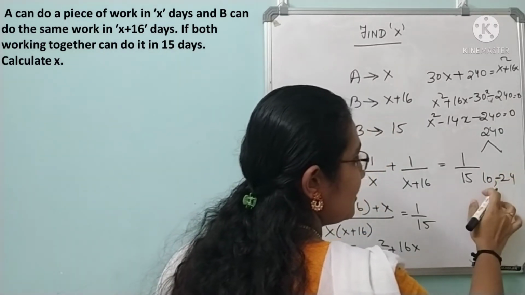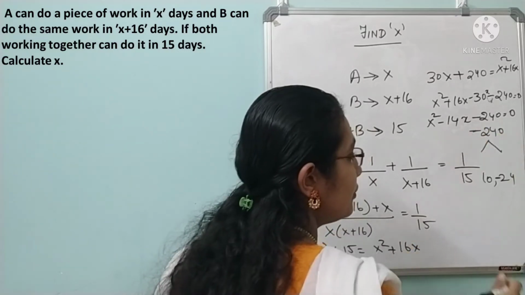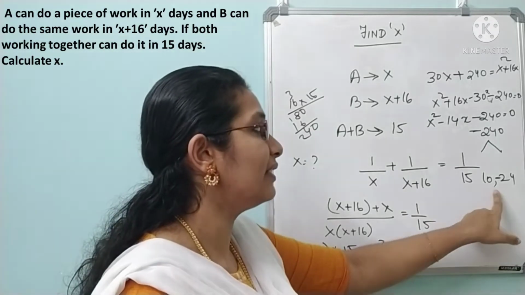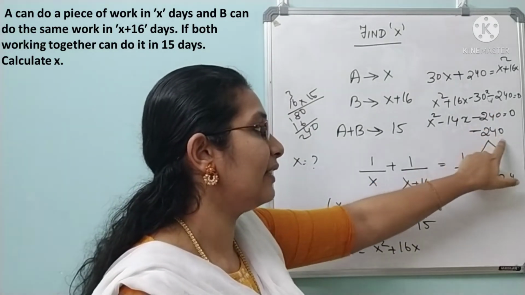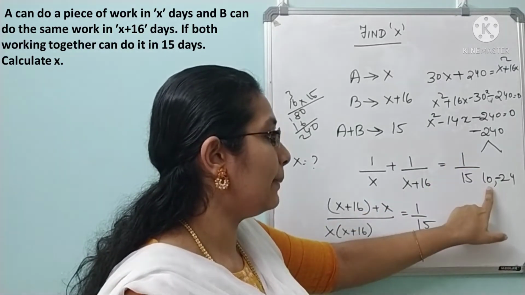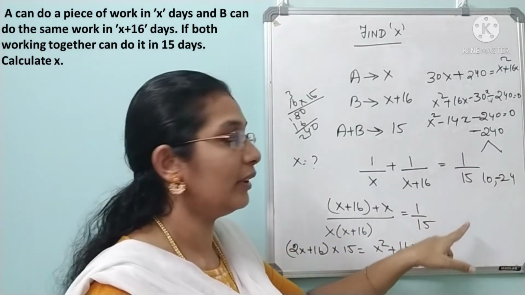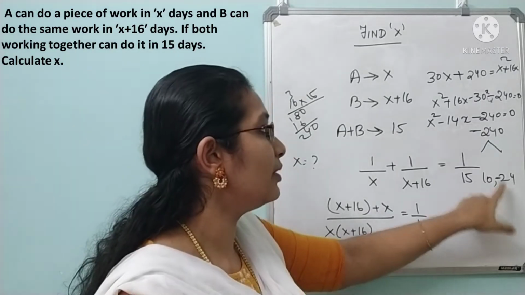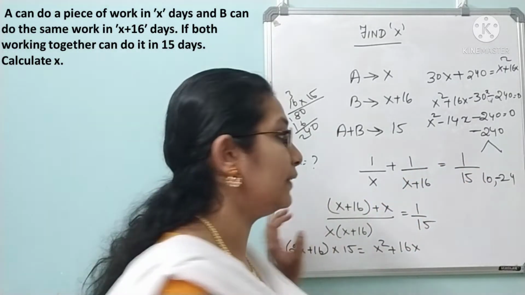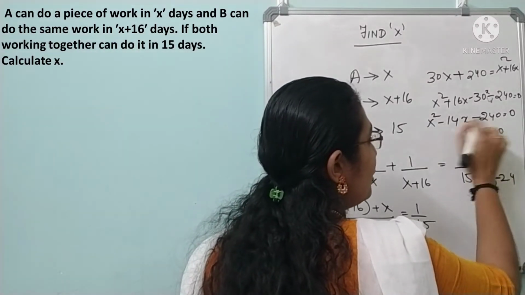If you put a minus sign here, you will get minus 240, and when you add, you will have to get 14. You know factorization, right? You will have to multiply two numbers to get this number. So multiplying 10 and 24, you get 240, and when you add both these numbers, you will have to get the middle value. So 10 minus 24 is minus 14. Correct? So that is what you have got here.